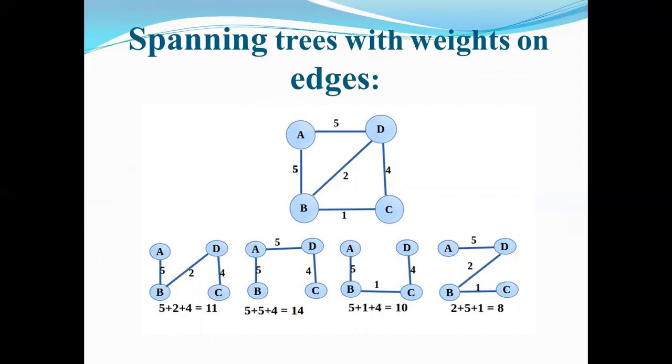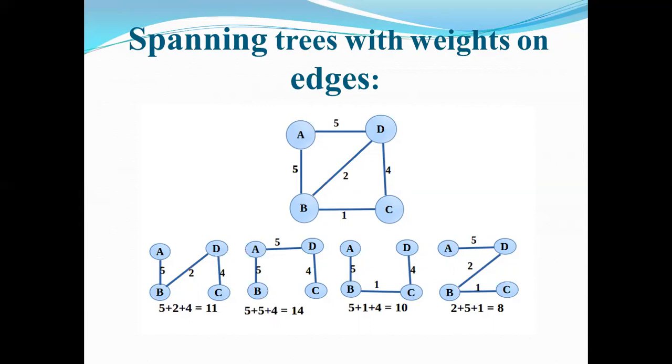Then how many spanning trees are possible? I have already told: if the graph is completely connected and the number of nodes is 4, then 4 power 4 minus 2 spanning trees are possible. 4 power 4 minus 2 means 4 power 2, which is 16. So 16 possible spanning trees we can construct from the complete graph if the A to C edge is also there.